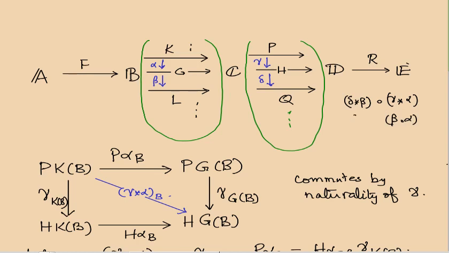What am I doing? That is from K to L, P to Q. So I have a horizontal composite again. So now it's a big question. Indeed, these two are the same.